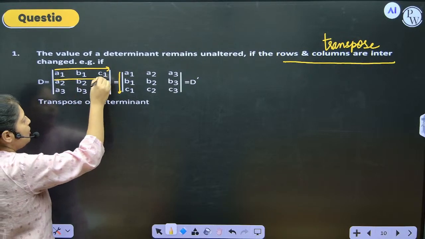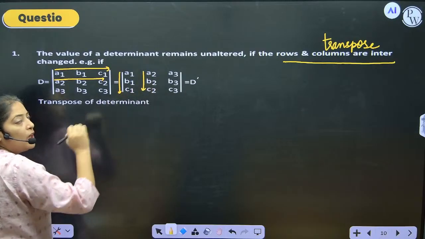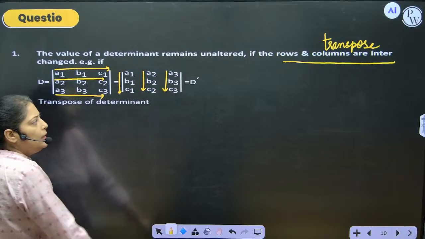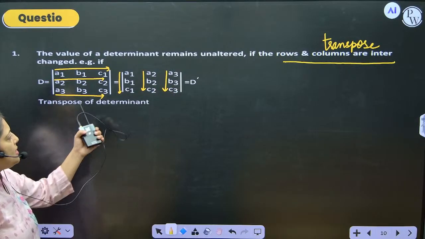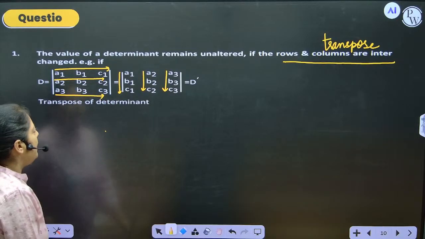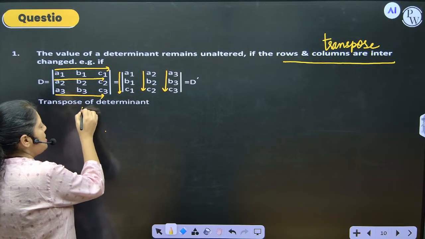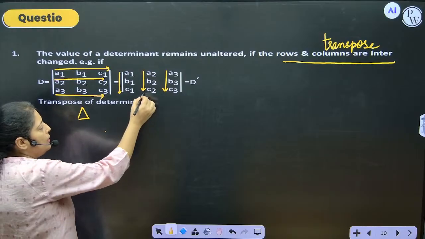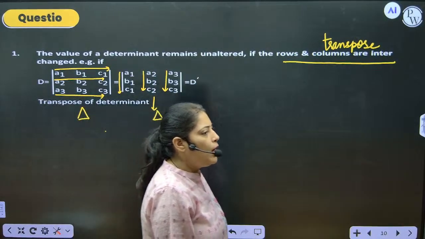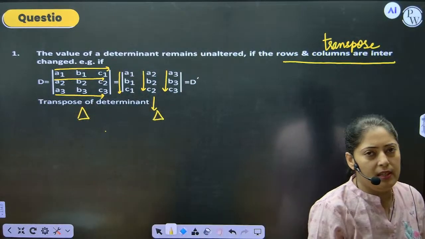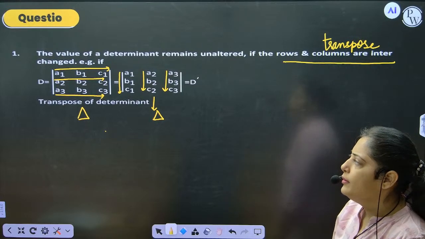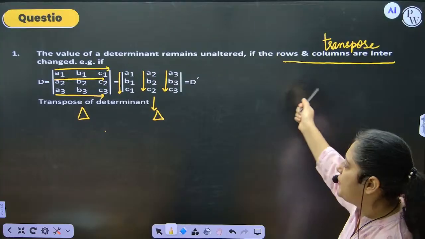This is the second row, it has become the second column. This is the third row, it has become the third column. So when this happens, this is nothing but the transpose of this matrix. In this case, if this determinant is delta, then this determinant will also be delta. There will not be any change in the sign either. That's why I'm talking about transpose.